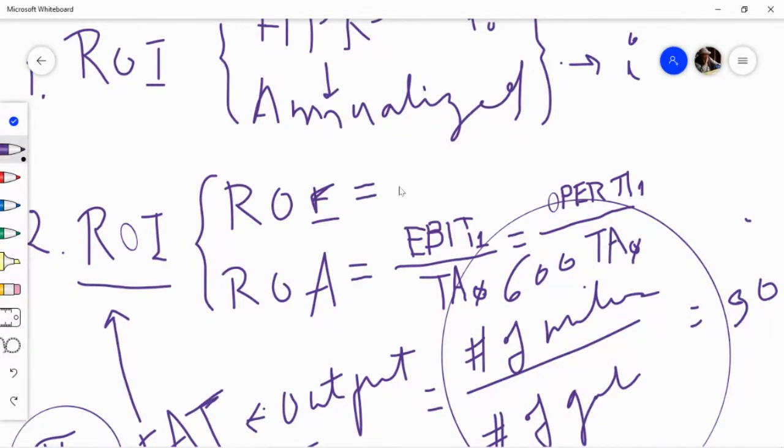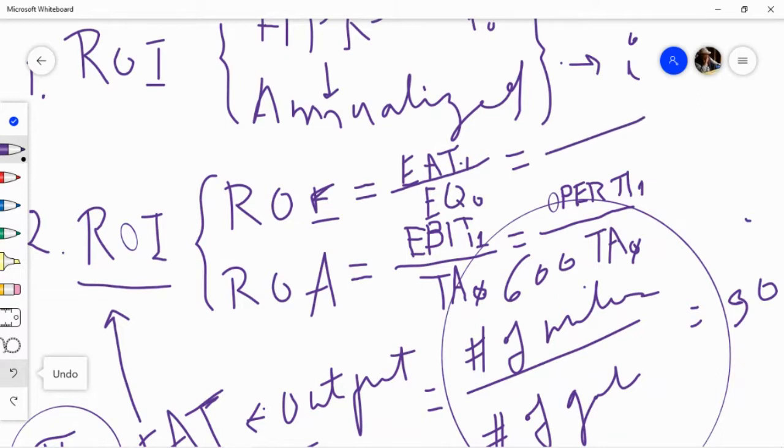For stockholders, EAT, the net profit, is the appropriate measure of output, and their input is equity at time 0.